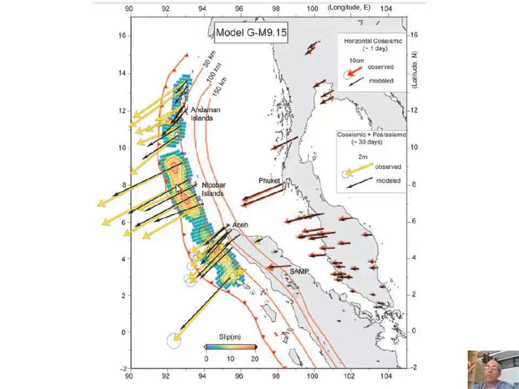If you remember, the peak slip was like 50 meters in Tohoku, but here they're only getting 20. Now, you could argue that if you had seafloor geodesy in Sumatra, maybe there was higher slip that we just can't see, because they only have GPS on land, from the islands. So maybe there's more, but this is what they came up with.